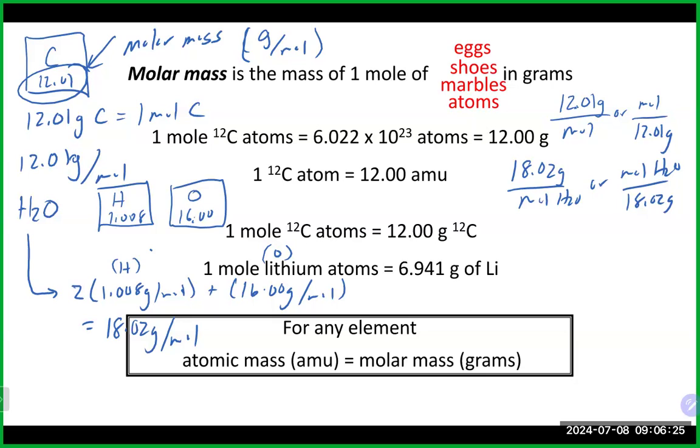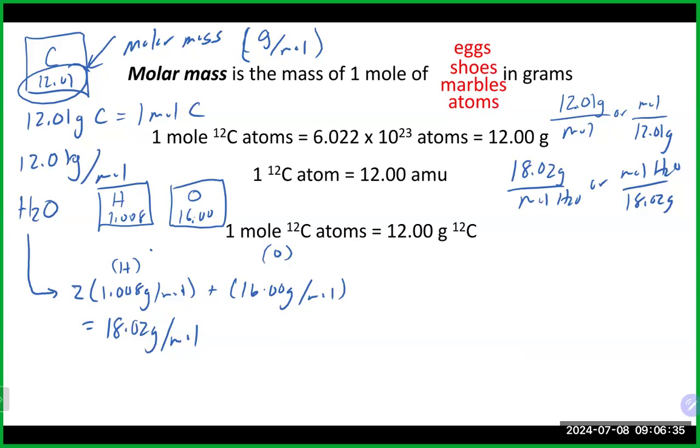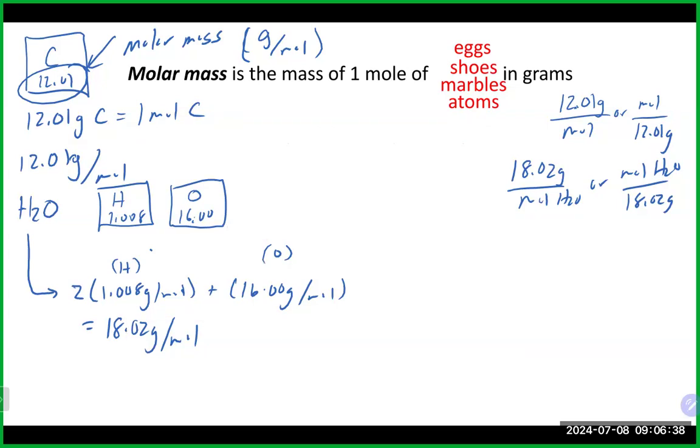So how do all these things tie together? As you can see, Avogadro's number and molar mass really do just tie together like we see in the middle. If you had 1 mole of carbon, it is 6.022 times 10 to the 23 atoms of carbon, and that would be equal to 12.01 grams of carbon.